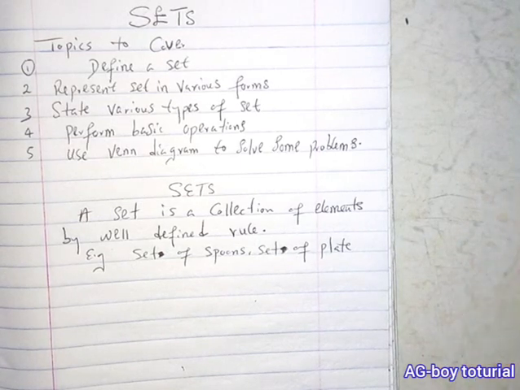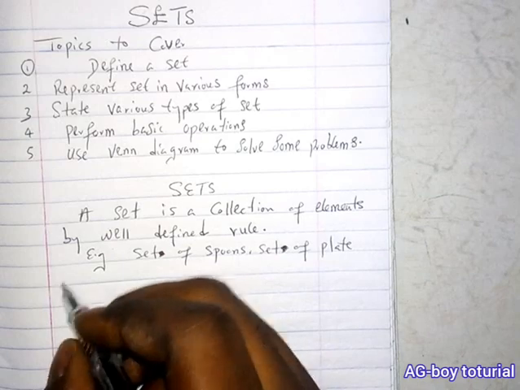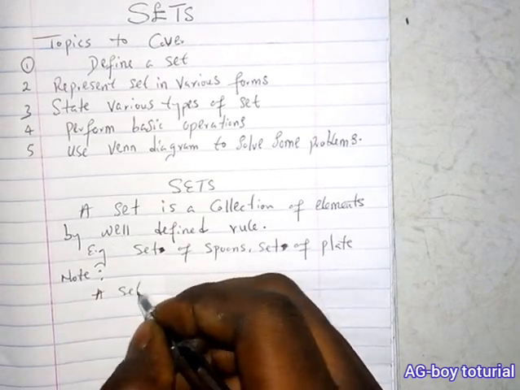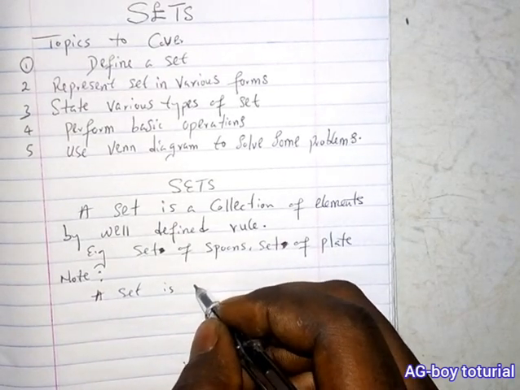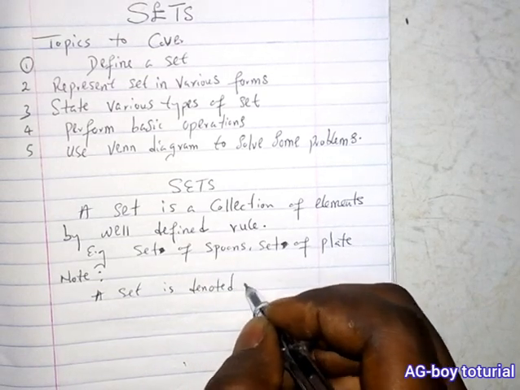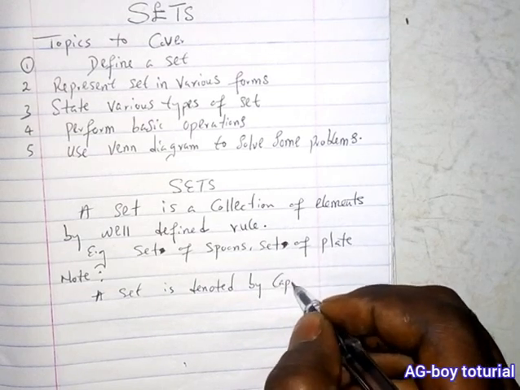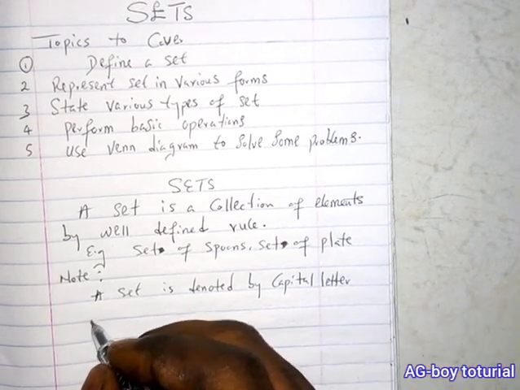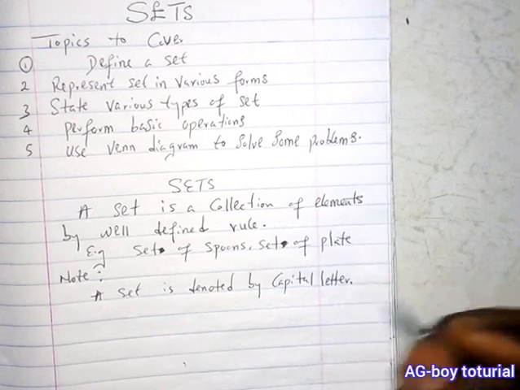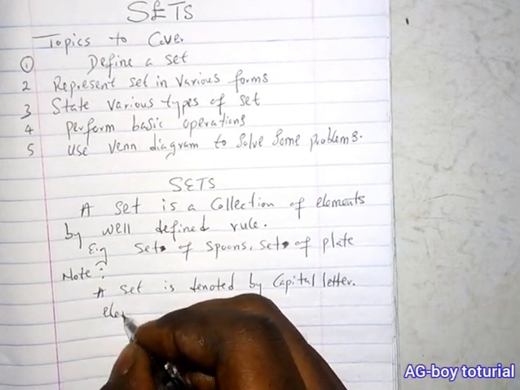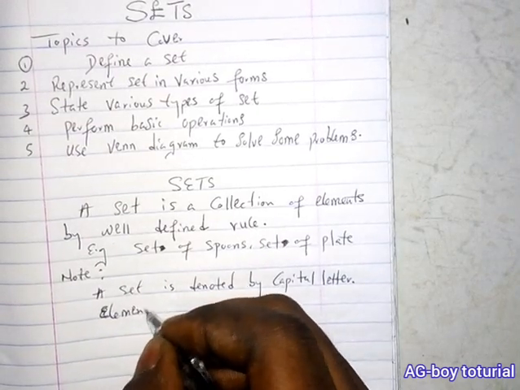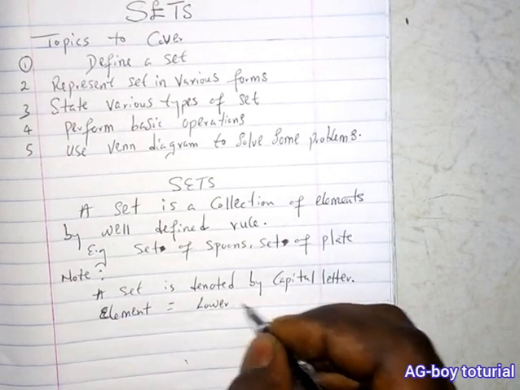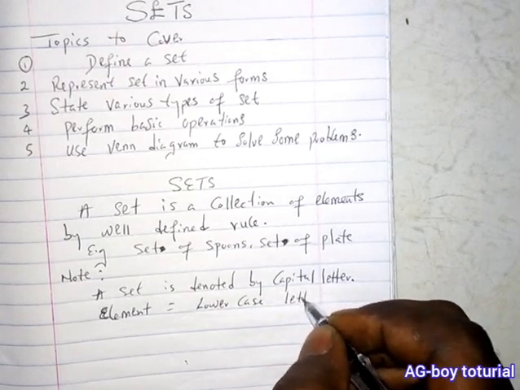Now you have to note this. A set is denoted by capital letters, that is uppercase letters, while its elements are denoted by lowercase letters.